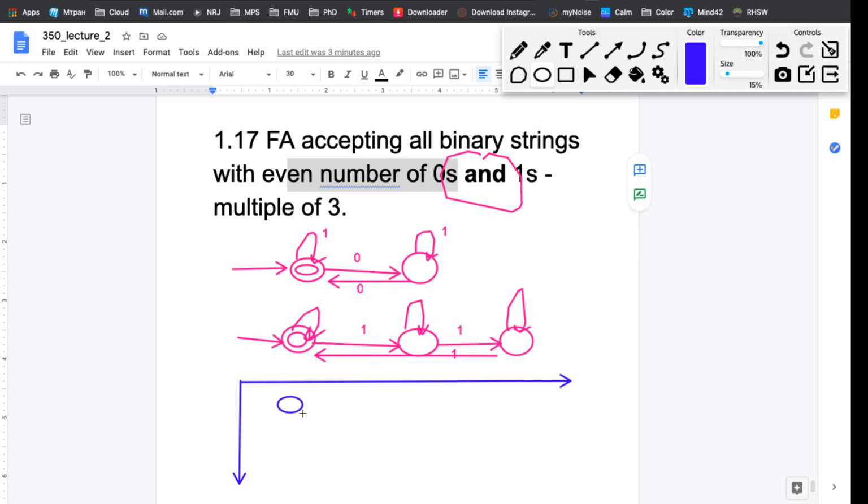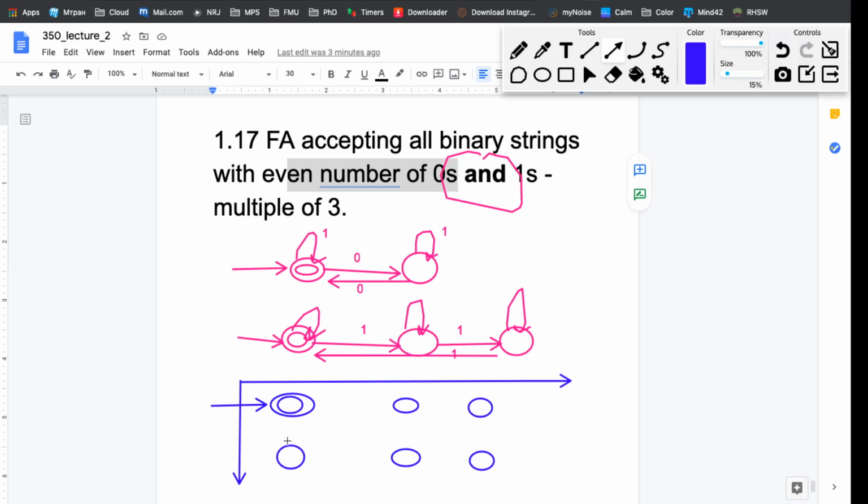So we're going to have an FA which is going to look like this, and only this one I think will be accepted, and that's going to be the start state. So that's a hint for you.